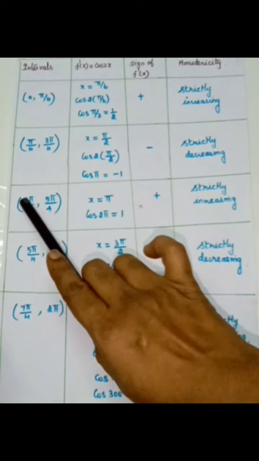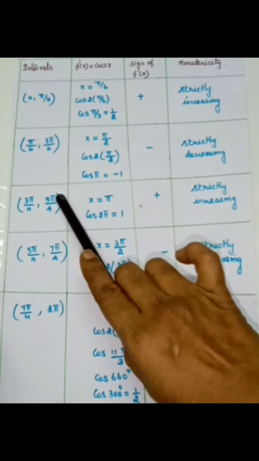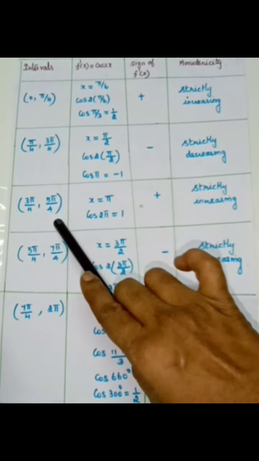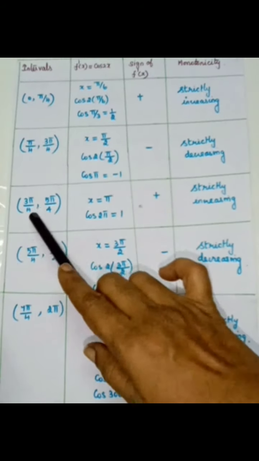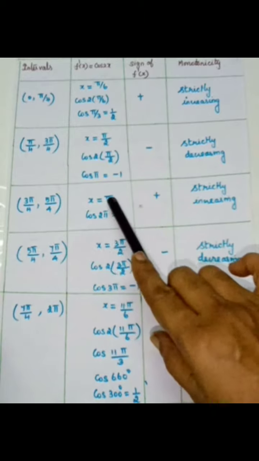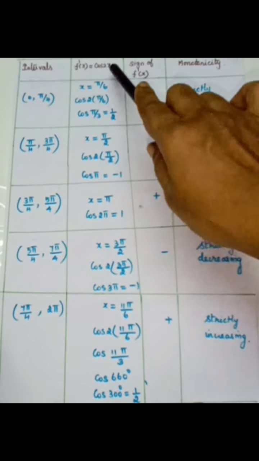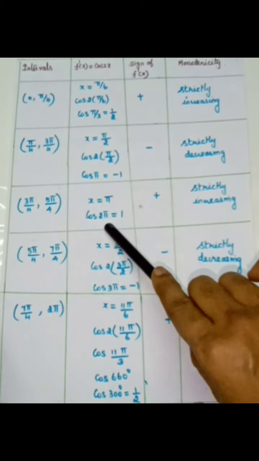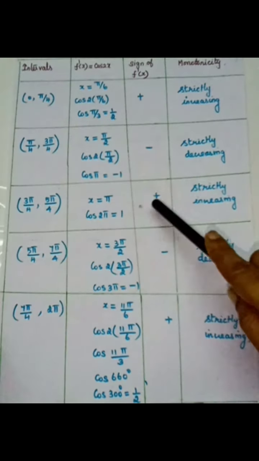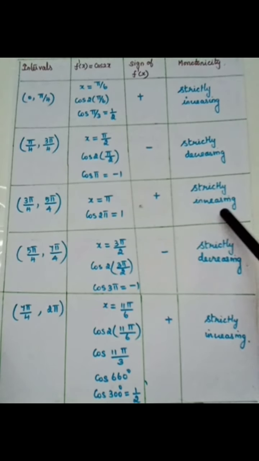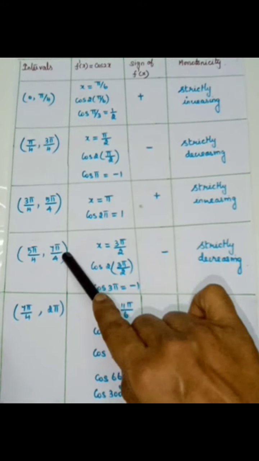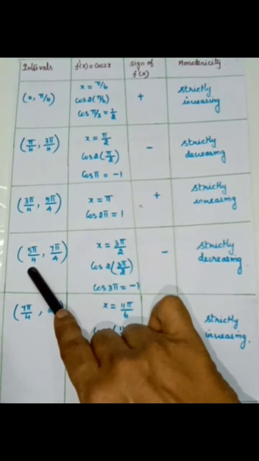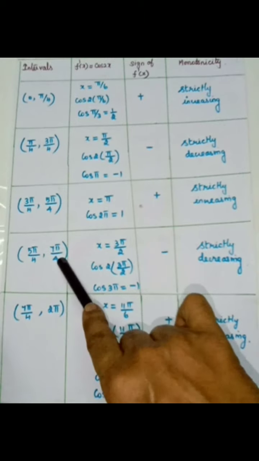And go for 3 pi by 4 to 5 pi by 4. What is 5 pi by 4? It is 225. So it is 135 to 225. So I'll take x is equal to pi. Okay, when you substitute here cos 2 pi, what is cos 2 pi? It is 1. So it is positive. So strictly increasing. And next 5 pi by 4 to 7 pi by 4. What is it? It is 225 to 315.